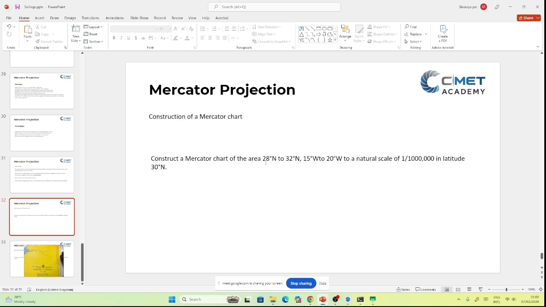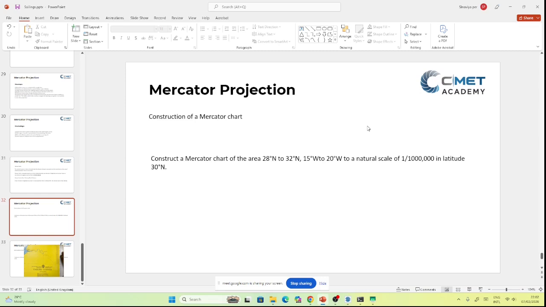Your base latitude is 28 and the top latitude is 32. But now we need to create a chart, right? To this natural scale.